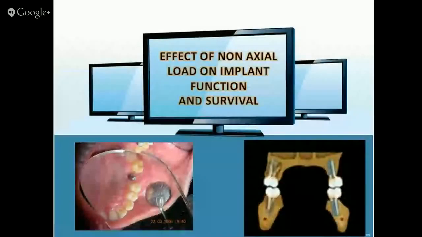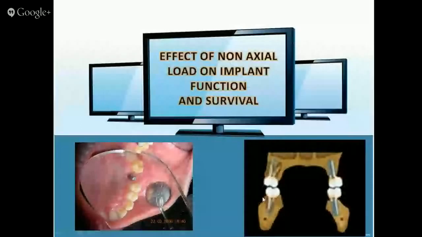We have to have axial loading because I have to imagine that if my force is acting straight onto the implant, it goes through the implant down to the bone. If there is a force which acts at an angle, for example, the force is acting like this, what will happen is this area bears the brunt of my force, because of which there is increased bone resorption that occurs here.